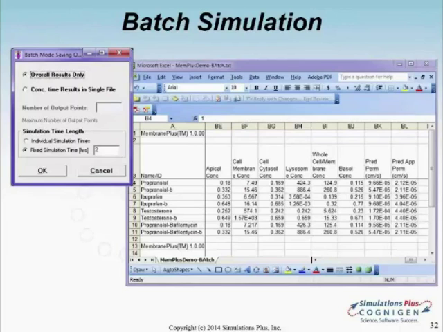You can run the simulation in the batch mode, where again the program will run simulation for every compound in your database and give you an output for the most common outputs: the concentration that was left on the apical side and basolateral side at the end of the simulation experiment, how the drug was distributed throughout the cells and cell compartments at the end of the experiment, as well as the predicted passive permeability of the compound.